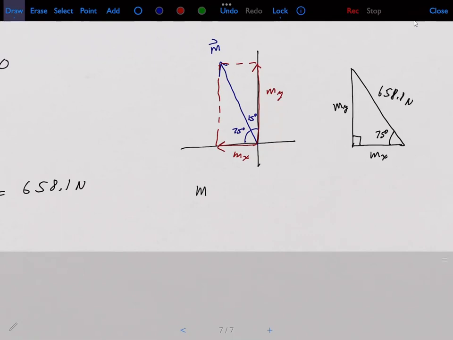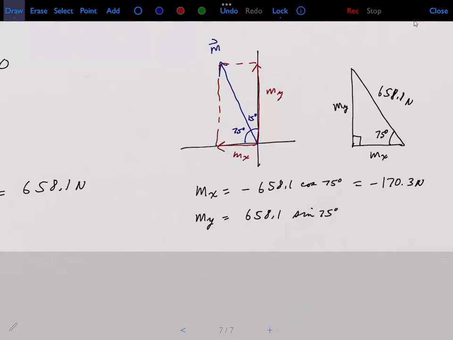That means Mx is, first of all, negative. It'll be 658.1 times cosine of 75 degrees, and that turns out to be 170.3. So negative 170.3. And then My is positive 658.1 times sine of 75.